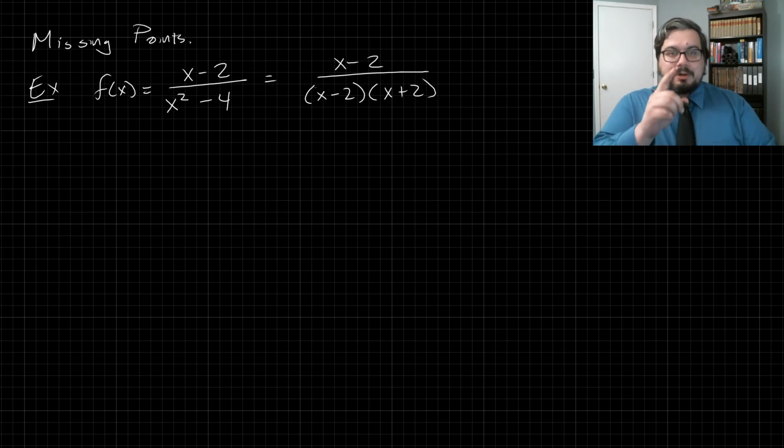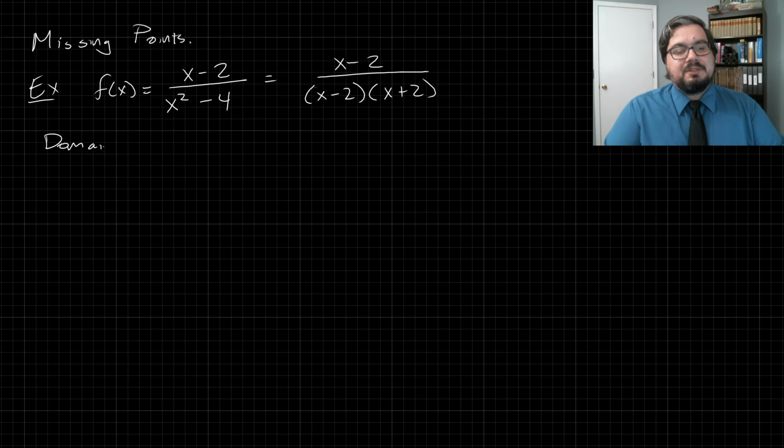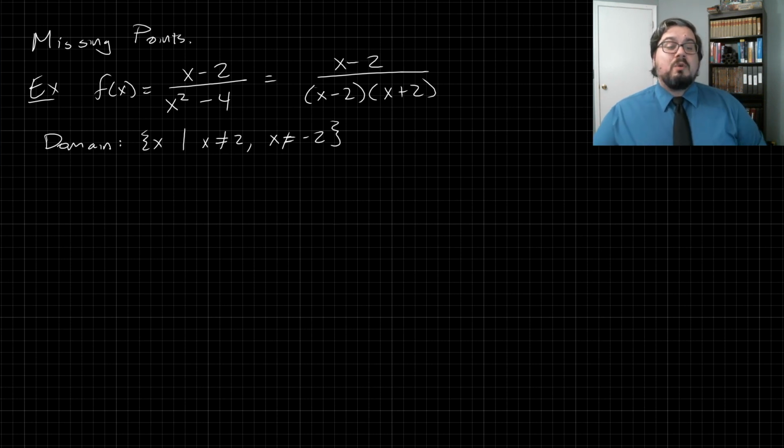Now remember, importantly, we said that in order to calculate the domain, you have to look at the factored denominator before doing any cancellation, and this is why. So now the domain of the function is going to be all numbers other than 2 and negative 2, because 2 or negative 2 would make the denominator equal to 0.